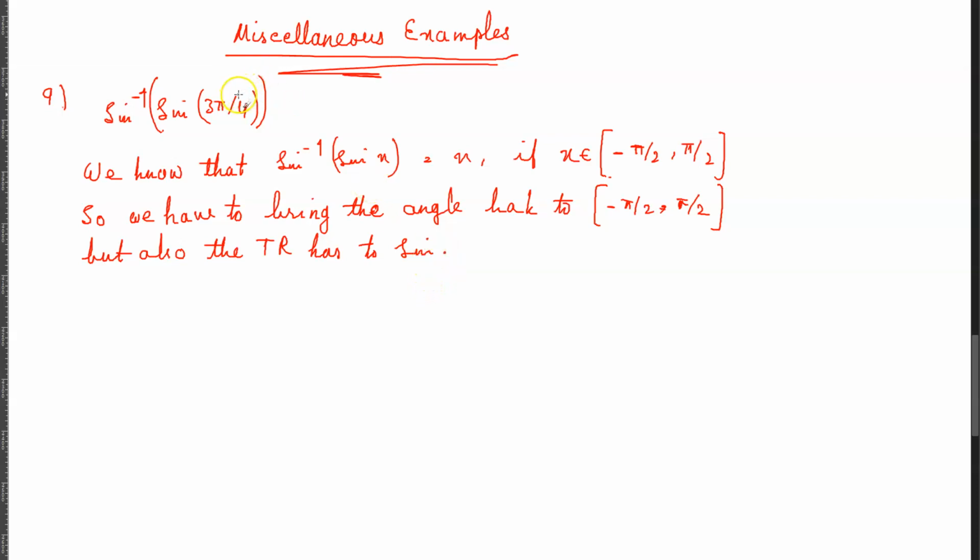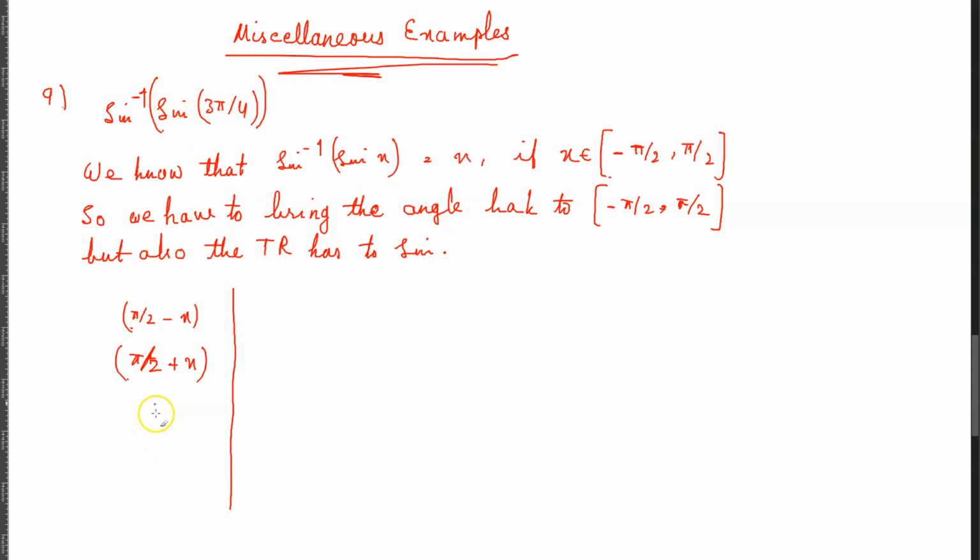And so, having these two conditions in mind, we can pick one of those sets of formulas that we had. So we had pi by 2 minus x, pi by 2 plus x, and that is where the trigonometric ratio changes.